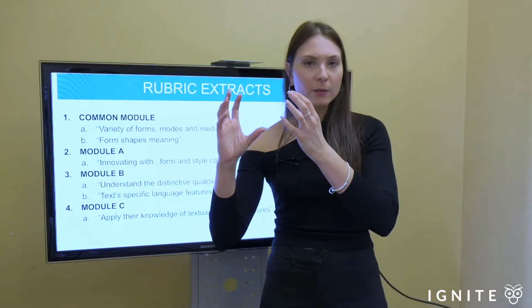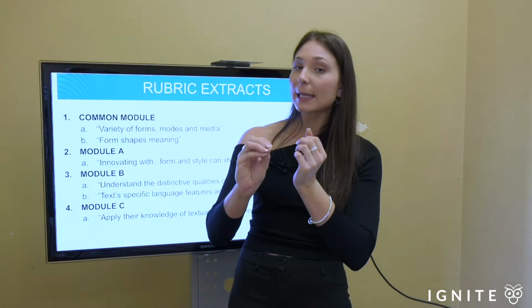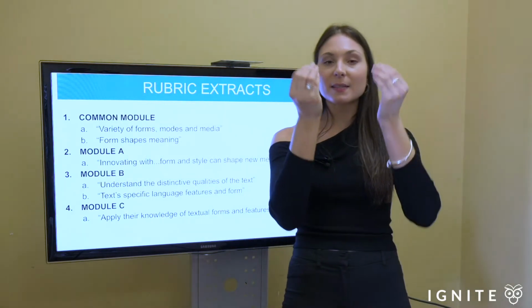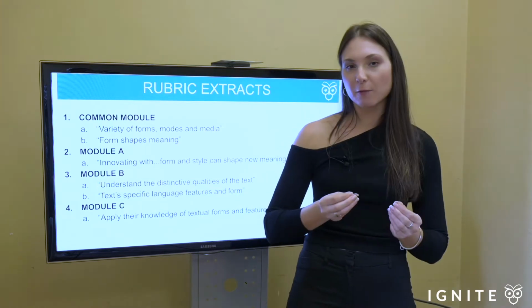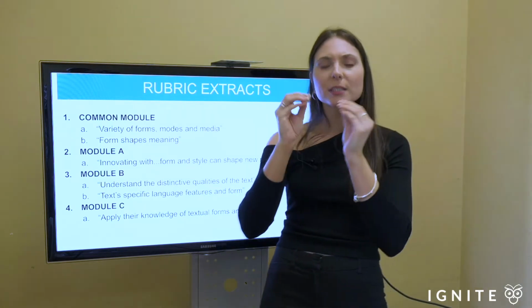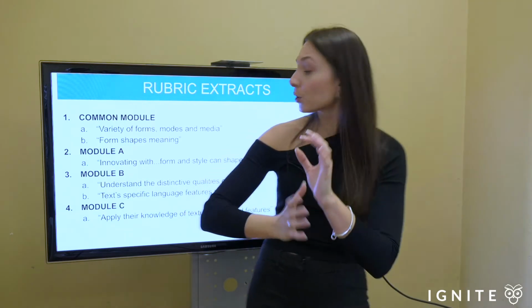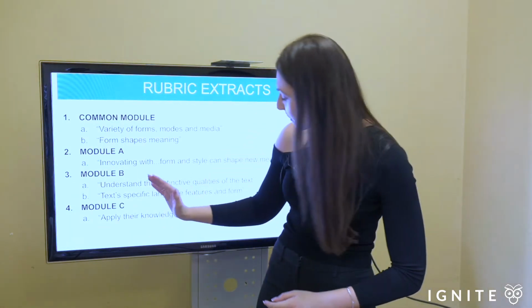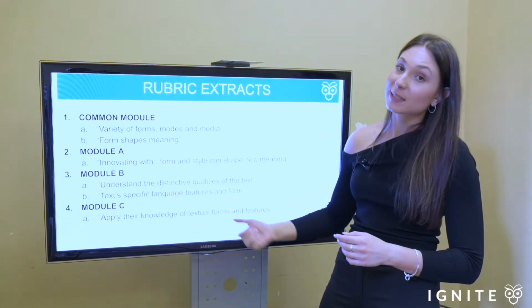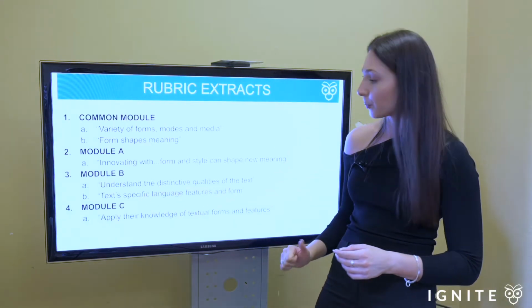They're stylistic elements that are really unique in many ways to Eliot, but we're considering the distinctive use of the poetic form, and in particular, the modernist poetic form, right? The fragmentation, the use of the vignettes. These are crucial to the distinctive qualities of his text. And the text-specific language features and form. There's an explicit reference there in the Module B rubric.